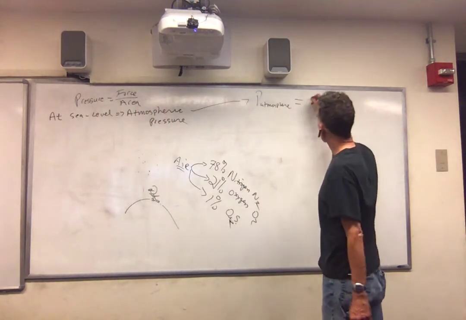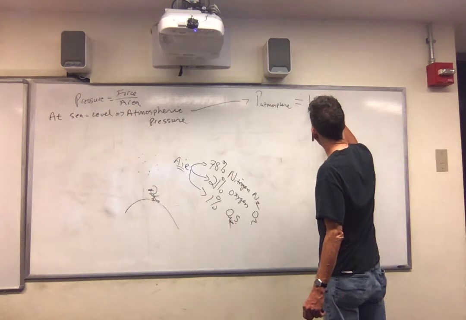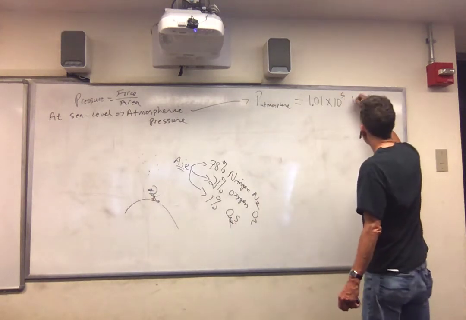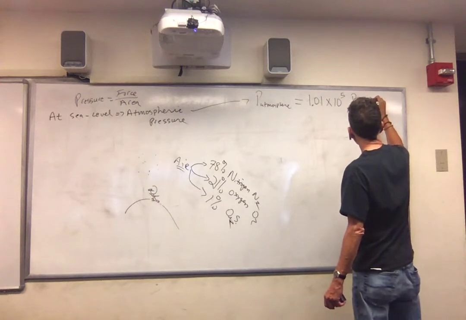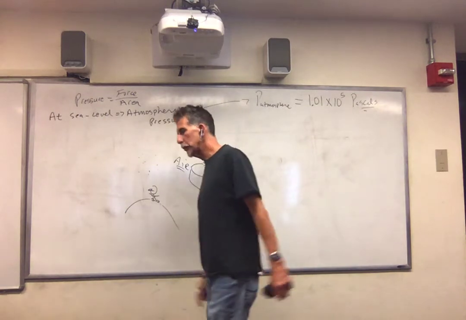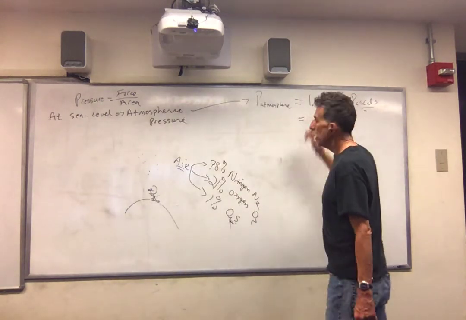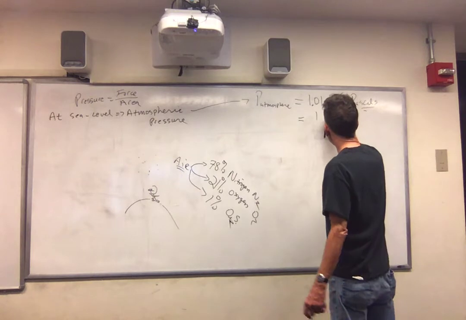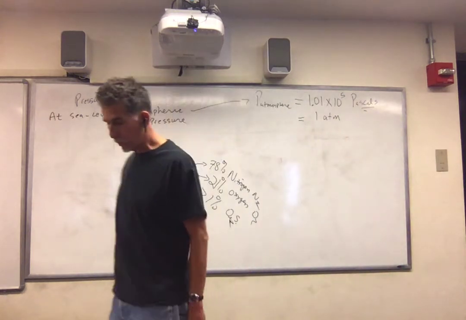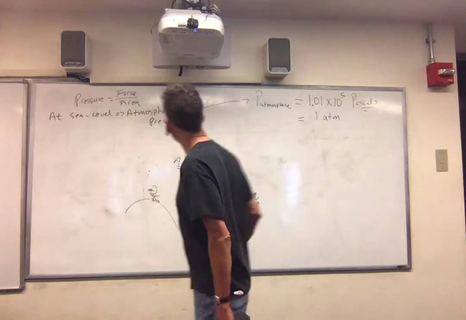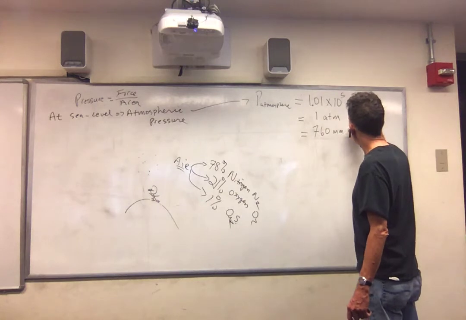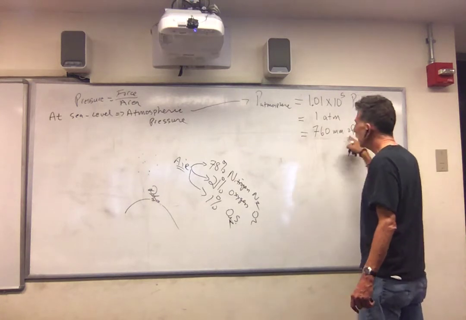Here's atmospheric pressure in pascals, 1.01 times 10 to the fifth pascals. That's a very big number. What a pain in the butt. It's also equal to 1 atm. So you can measure pressure in atmospheres. That's very, very easy. Millimeters of mercury, 760 mm of Hg, usually considered atmospheric pressure.